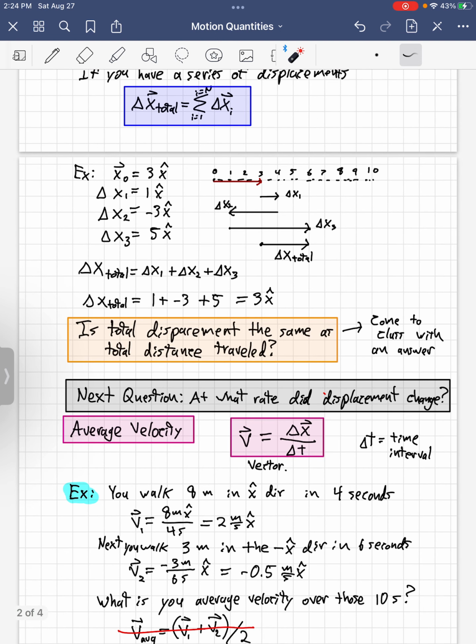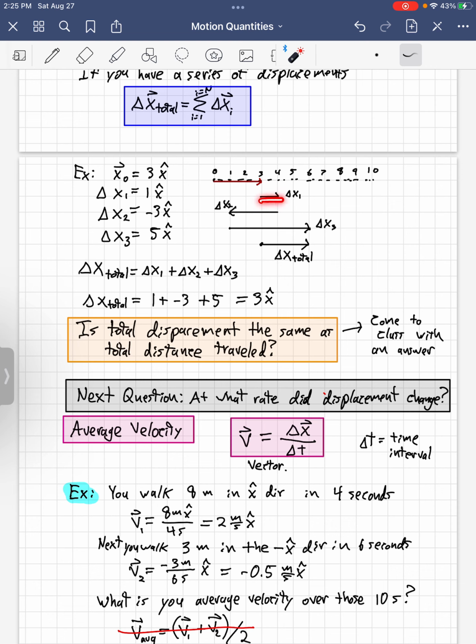All right, so next question to contemplate is, in this example, is the total displacement the same as the total distance traveled? And you might be able to see right away that it's going to be a little bit different, right?